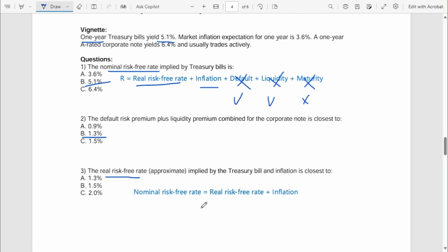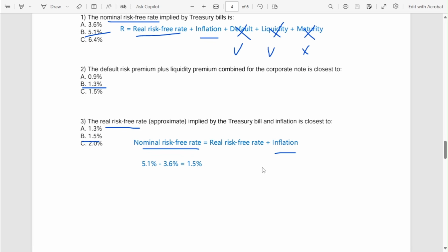So in order to find this, we need to subtract inflation from the nominal risk-free rate. Our nominal risk-free rate is 5.1%, which we found in question 1. And the inflation is given as 3.6%. So the real risk-free rate is 1.5%. The answer is B.